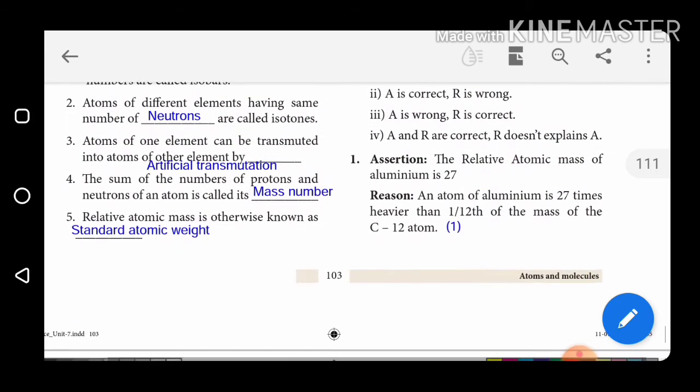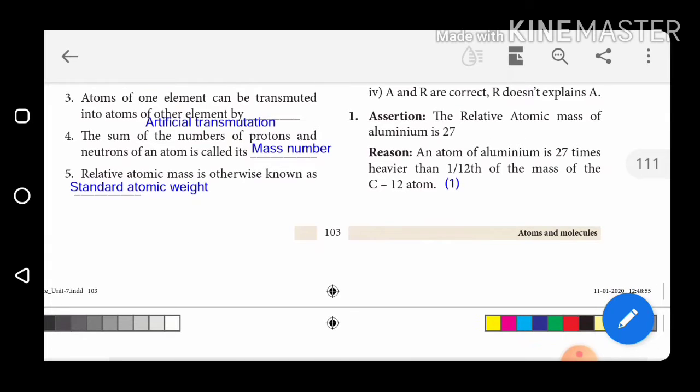Third one, atoms of one element can be transmuted into atoms of other element by artificial transmutation. Fourth one, the sum of the numbers of protons and neutrons of an atom is called mass number.